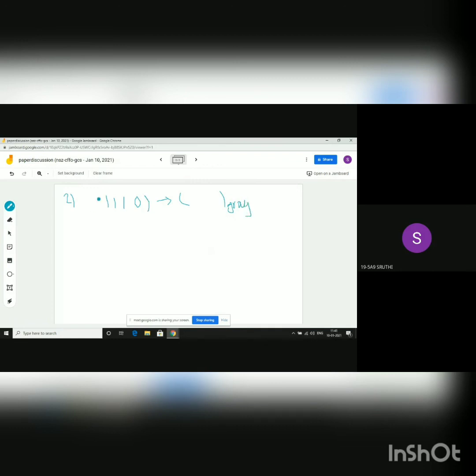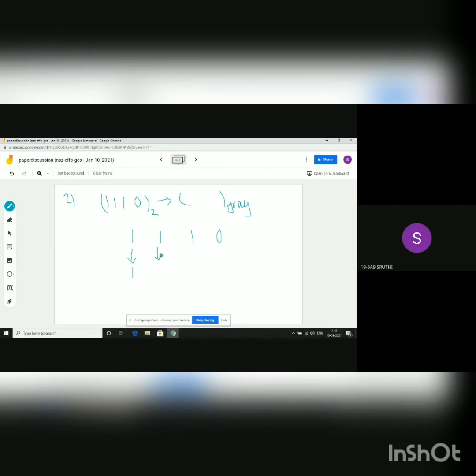This is a binary number, so we need to convert this into the gray code. So let us follow the steps which I have discussed earlier. We'll take the given binary number 1110. The first step that we need to do is to keep the most significant bit as it is.